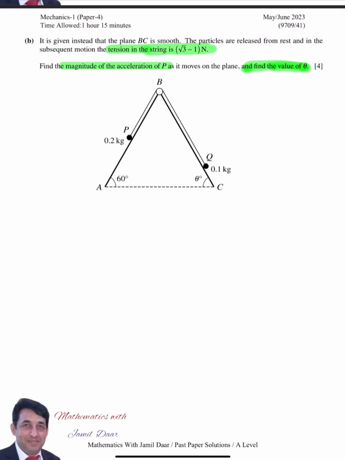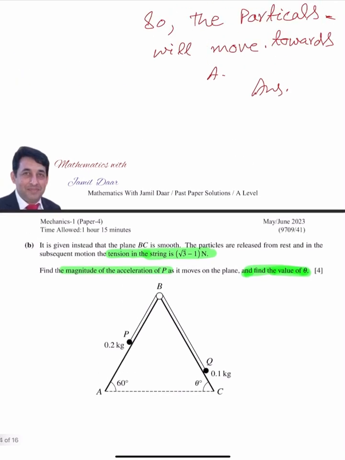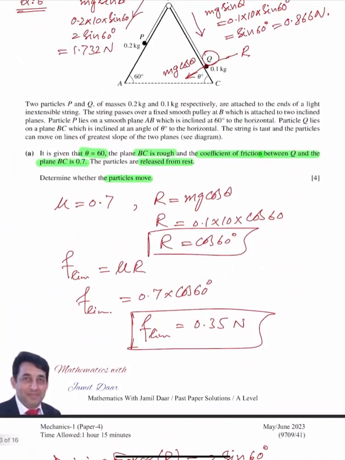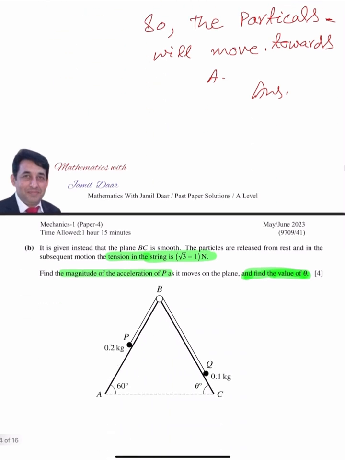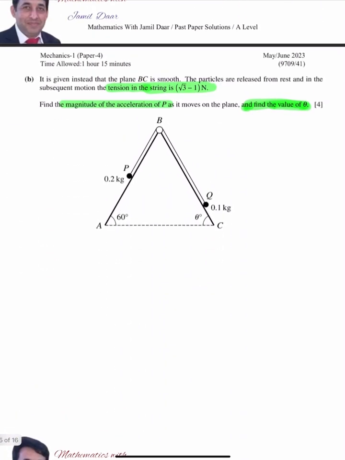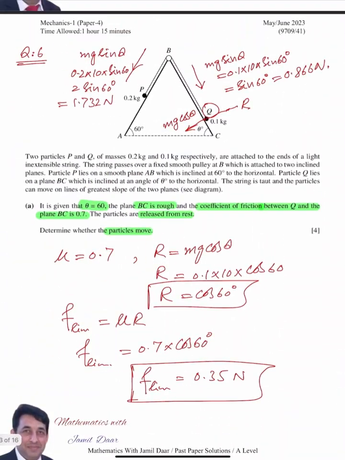So for tension, you know that the driving force for P, which we found here as mg sine of theta, was 1.732 Newton. This will not be changing because this angle is the same. Let me recheck. This is 1.732 Newton.